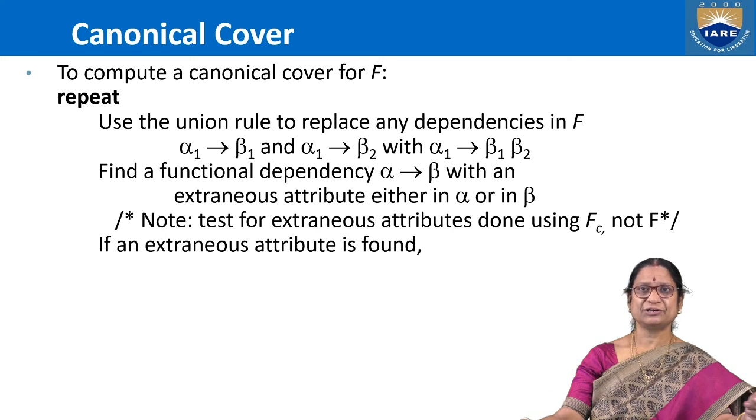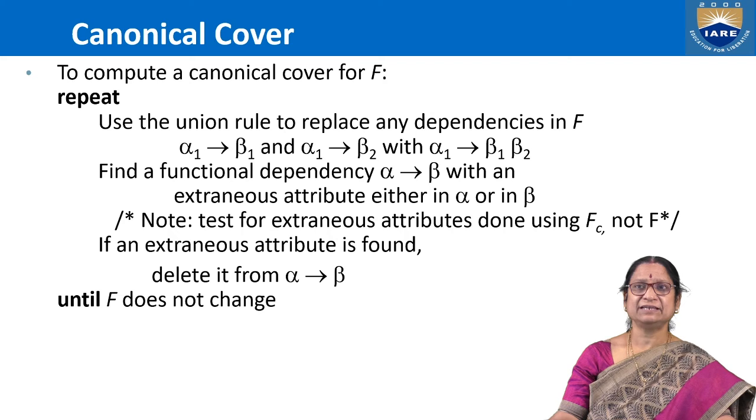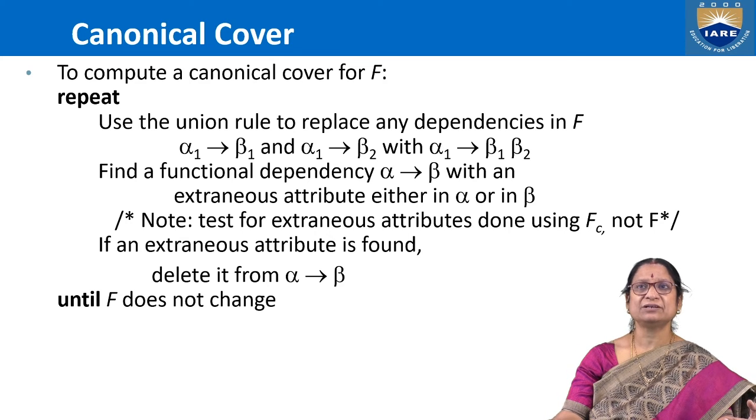If any extraneous attribute is found, it is deleted from the respective FD. This process is continued until F does not have any further changes. This way we have to consider every FD, so that if there are no further changes, then the result we compute will be our canonical cover of F.